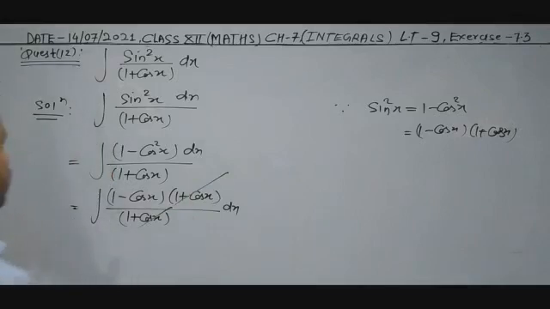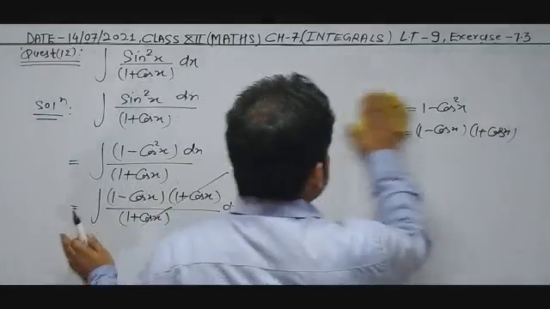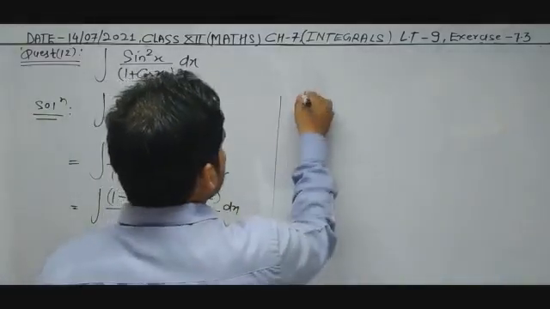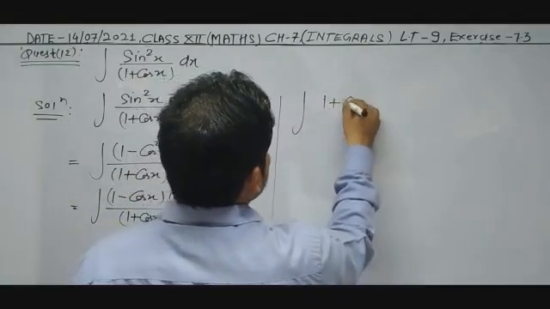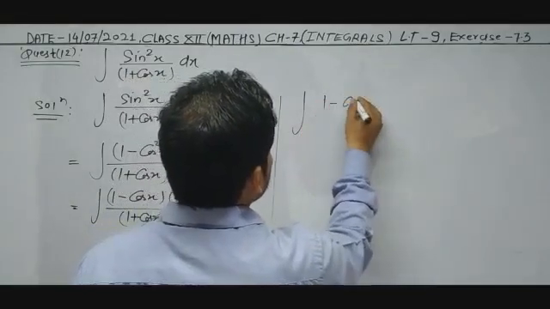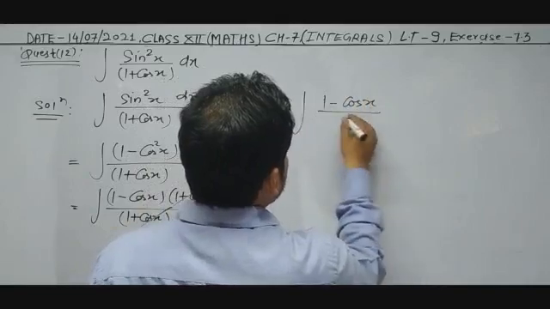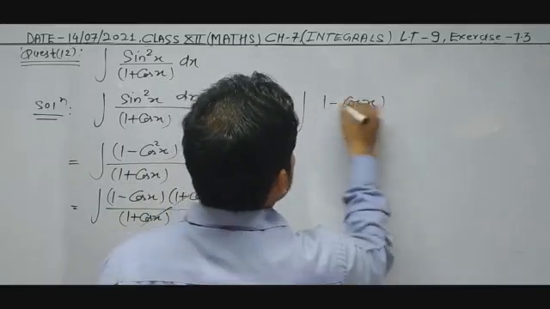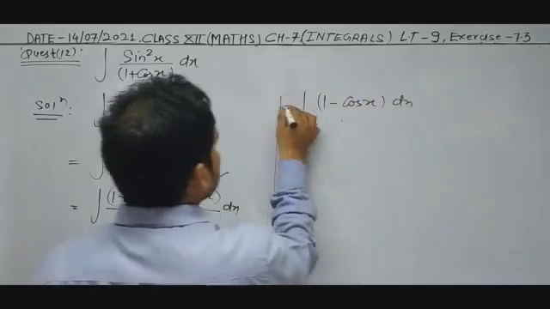So now what will be the result? Only we have to integrate 1 minus cos x. So integration over 1 minus cos x into dx.